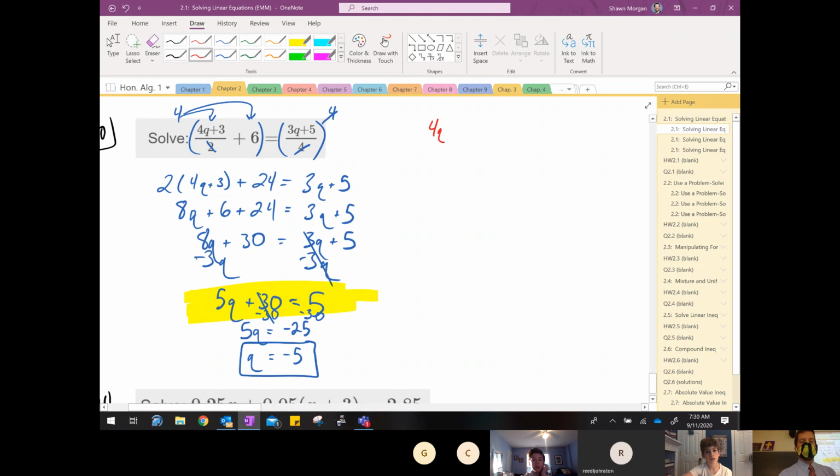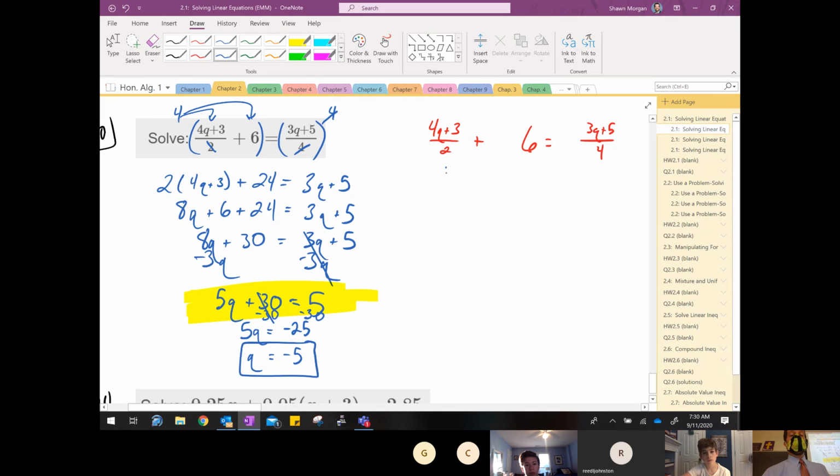We had 4q plus 3 divided by 2. We had 6. Actually, I won't write that in. Good old 6. And then we had 3q plus 5 over 4. And we said, all right, the LCD, the least common denominator, what would help me kill all the fractions at once is 4.